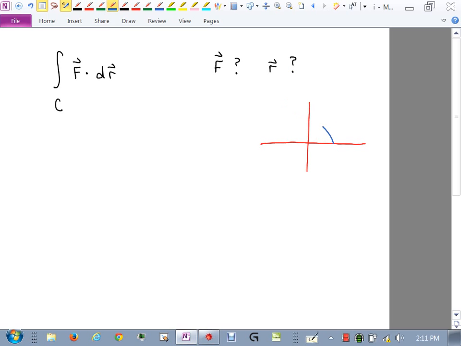So how do I draw this path? You can do it like that, right? Counterclockwise. We've done that many times, haven't we? Now, before we would just say what? x is cosine t, y is sine t. Isn't that what we said before?